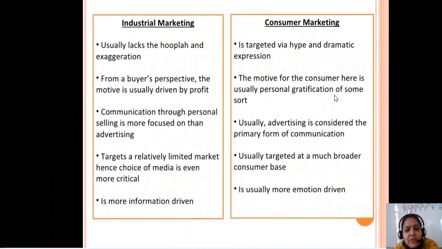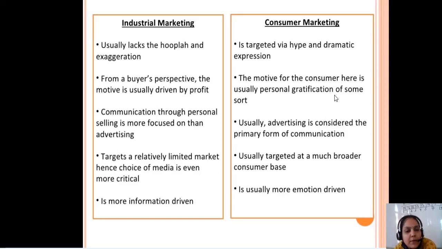Next, we have two different types of marketing area. One is the industrial marketing area and the second one is the consumer marketing area. When you talk about industrial marketing, there is a lot of exertion and a lot of various negativity, whereas consumer marketing is targeted via hype and dramatic expressions. Means you try to create something different, some kind of drama, some kind of hype, so that people buy it easily.